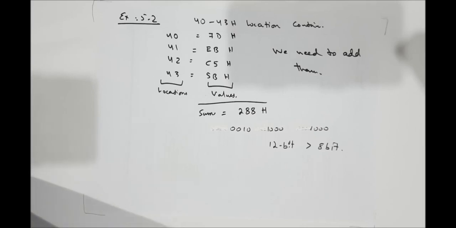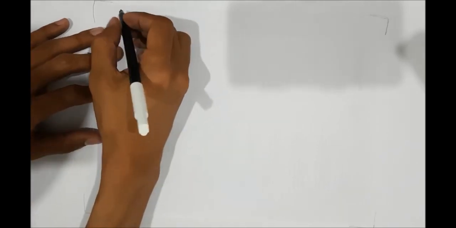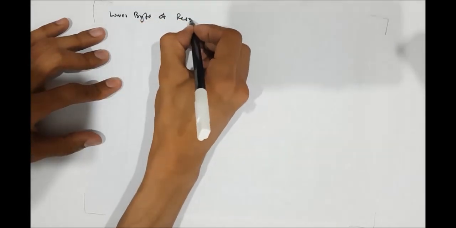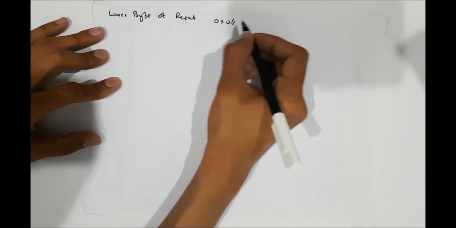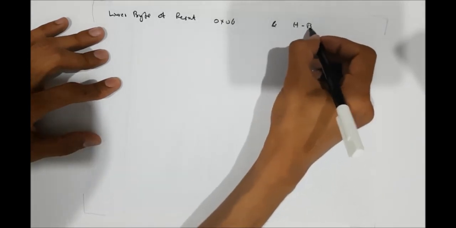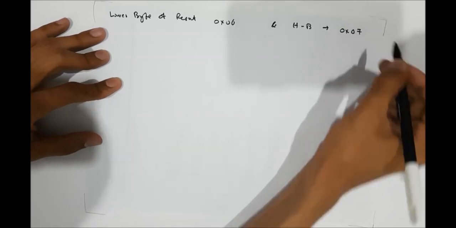So first of all, we will define where we want to store our result. The statement itself says that the lower byte of the result should be at location 0x06 and the higher byte should be saved at 0x07.